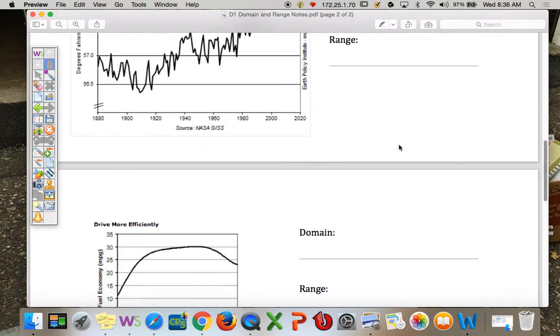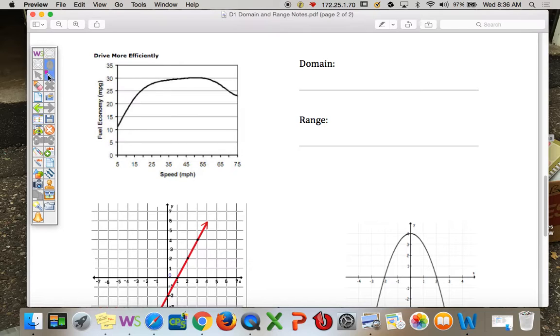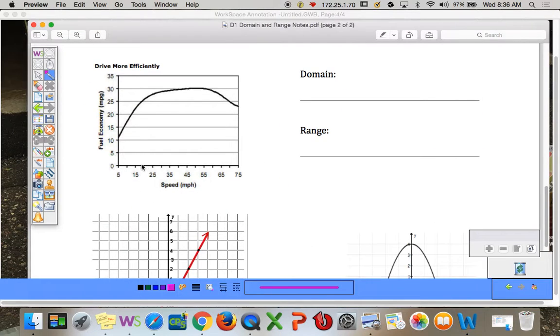Let's take a look at the next graph, which is the fuel efficiency of cars. On our graph, the speeds that are represented are 5 to 75. So X is our speed. The lowest value is 5. The highest value is 75. The range is the fuel economy, and here the lowest value is about 11.